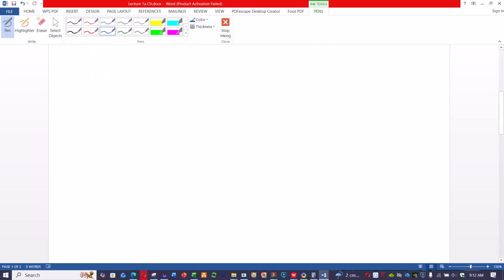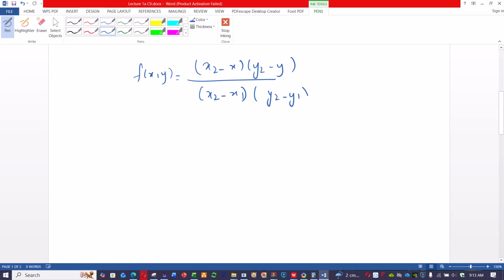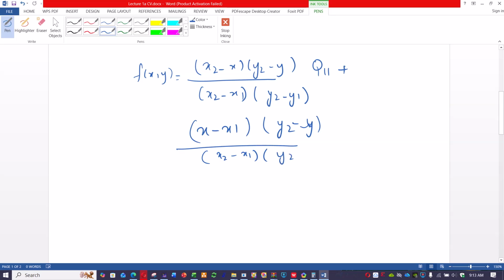In the case of bilinear interpolation, our basic formula is (x2 minus x)(y2 minus y) over (x2 minus x1)(y2 minus y1) times Q11, plus (x minus x1)(y2 minus y) over (x2 minus x1)(y2 minus y1) times Q12.